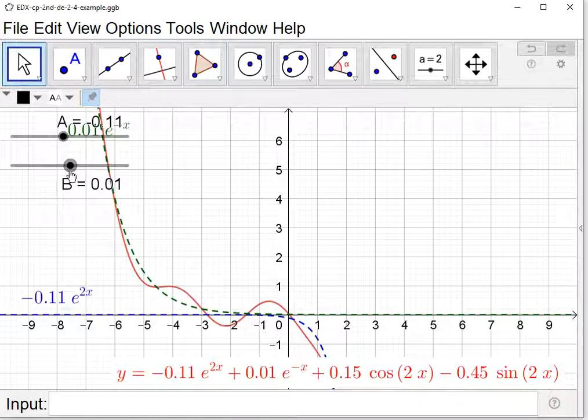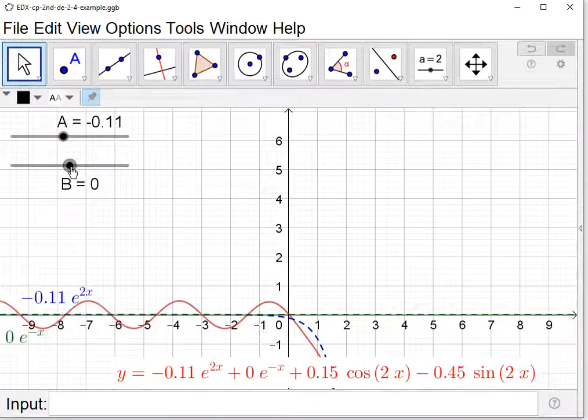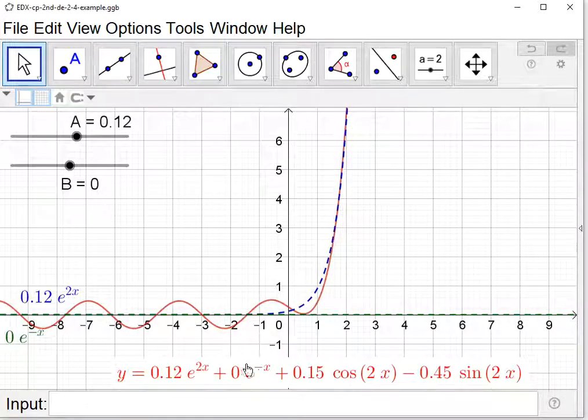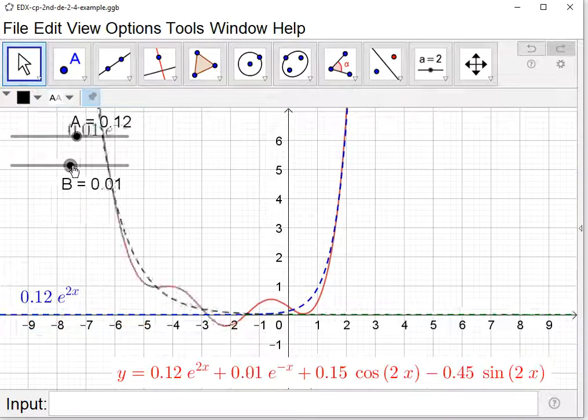And if I let b be 0, then when x is large the solution behaves like a e to the 2x again, but when x is negative this term is 0, so it behaves like an oscillating wave, as you may have seen in core maths.